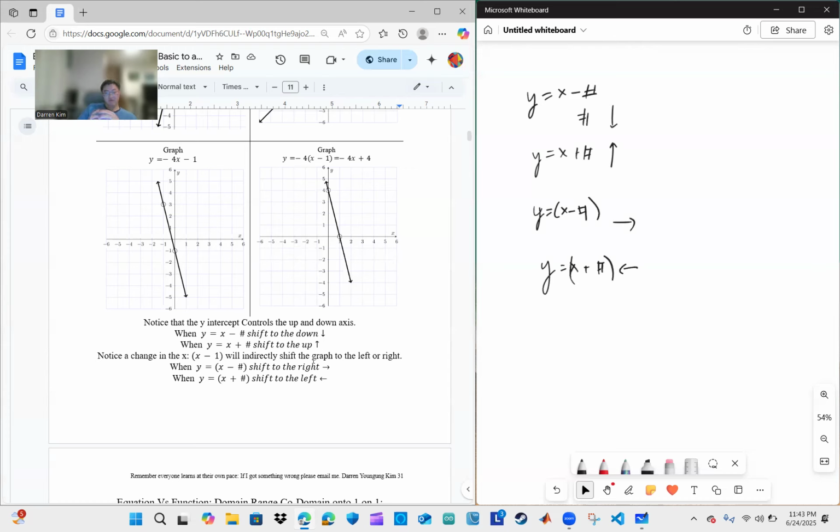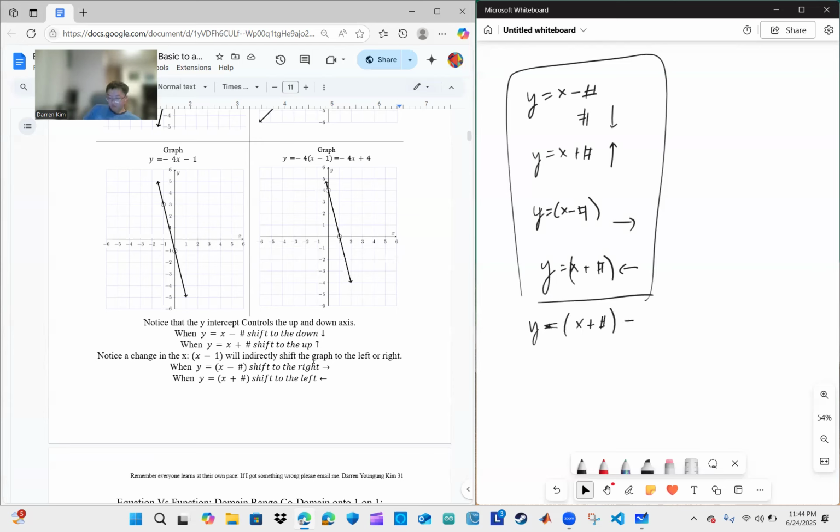If you have something complicated like y equals (x plus number) minus 4, this over here shifts everything to the left that many spaces, and then you go down 4.